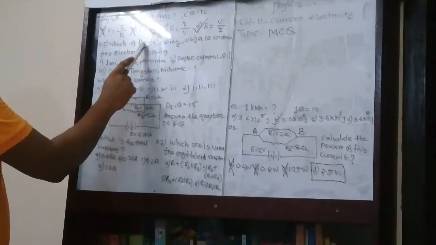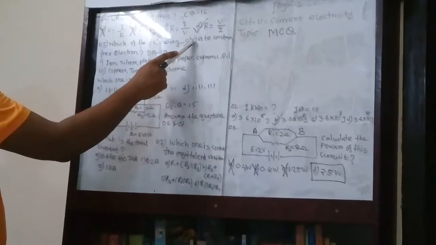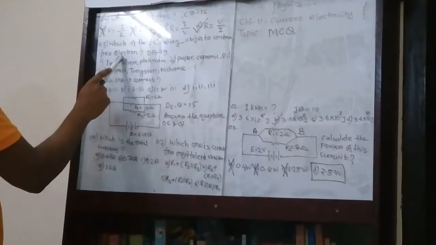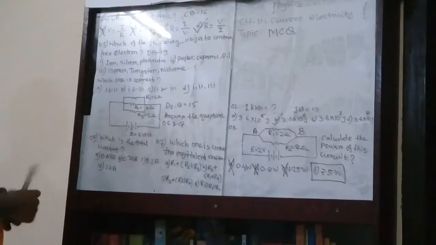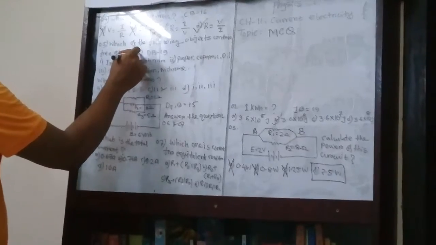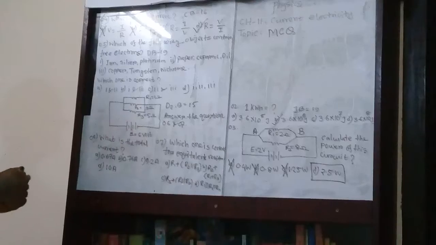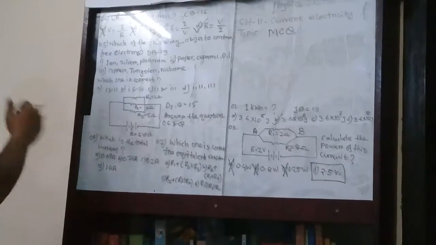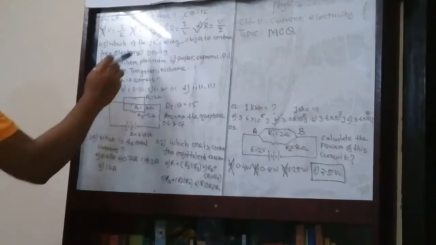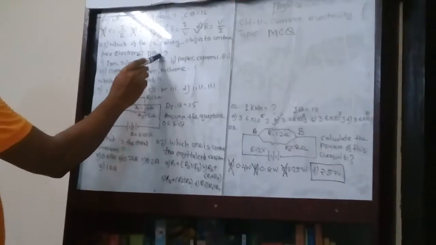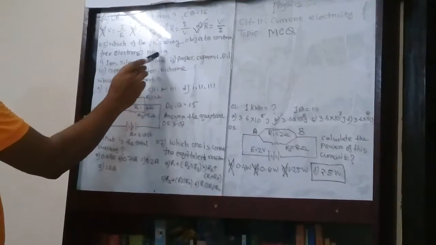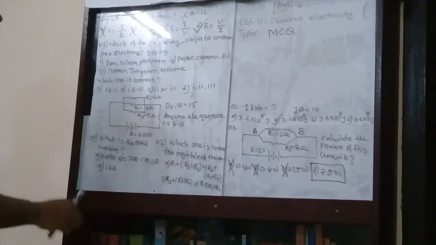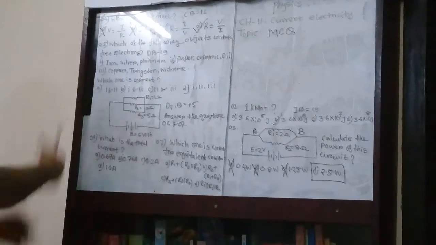Which one of the following objects contain free electrons? This is a question that appeared at Dhaka board 2019, that is last year. This is a multiple type MCQ question.